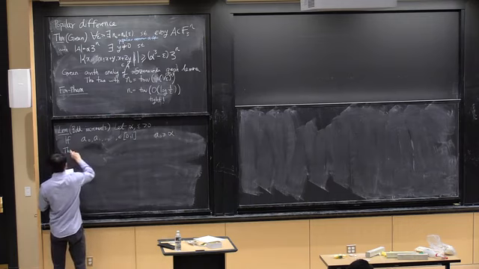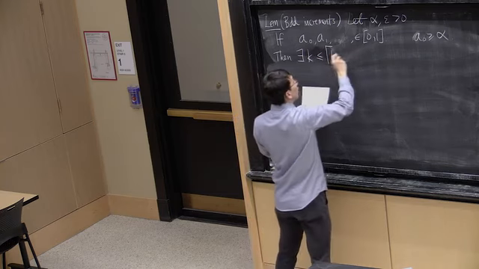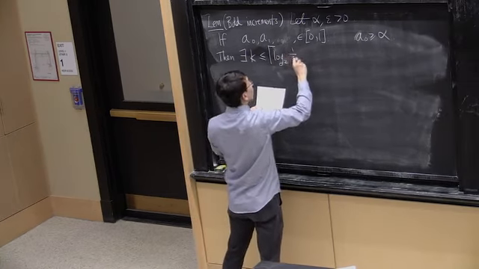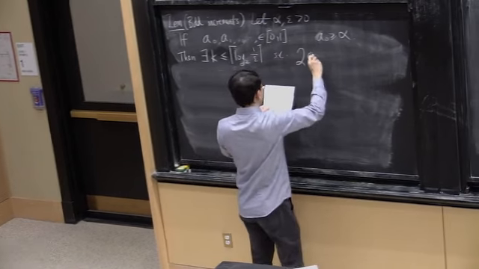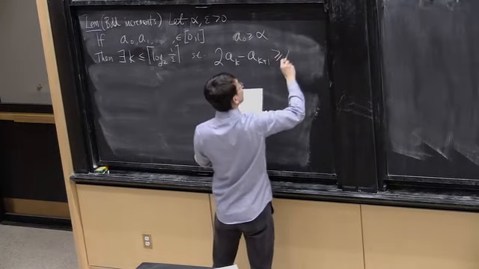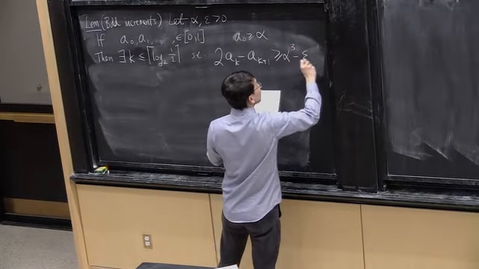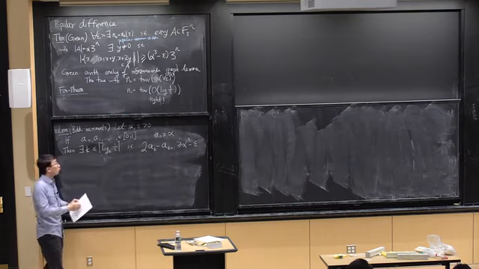Then there exists some k at most log base 2 of 1 over epsilon such that 2 a sub k minus a sub k plus 1 is at least alpha cubed minus epsilon. Don't worry about this form. We'll see shortly why we want something like that.